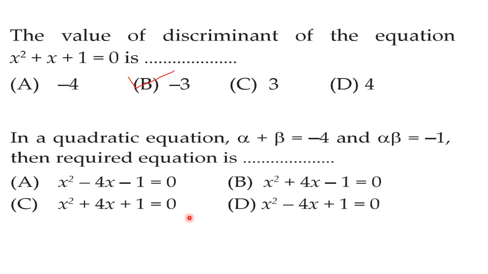If we know the roots, that means if we know alpha and if we know beta, then we can write down the equation as x square minus (alpha plus beta) x plus alpha beta is equal to 0. Okay, that means here the coefficient of the middle term will be opposite of this. If alpha plus beta is negative, then your answer should have the positive thing.